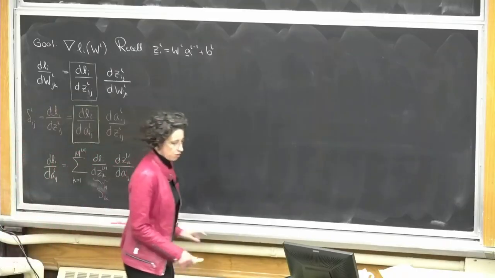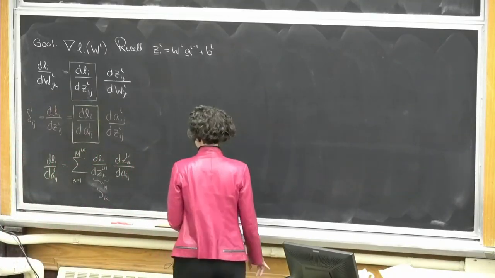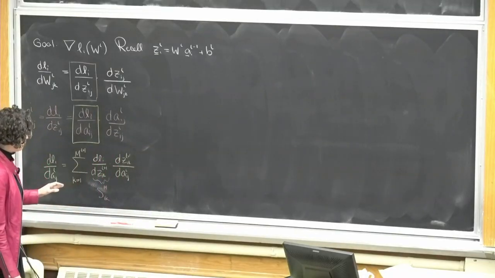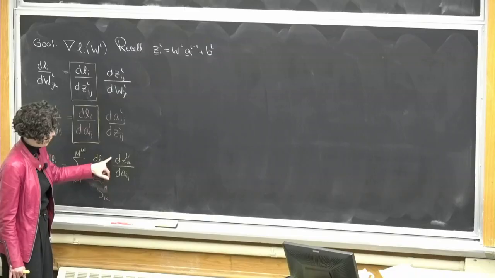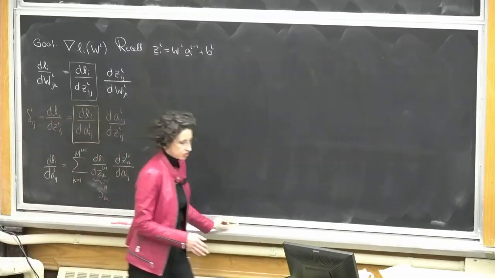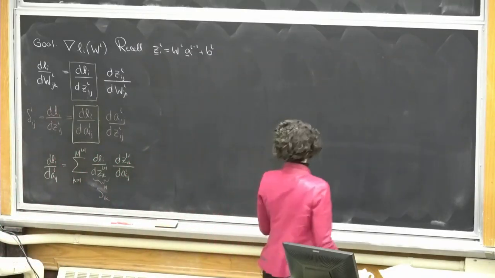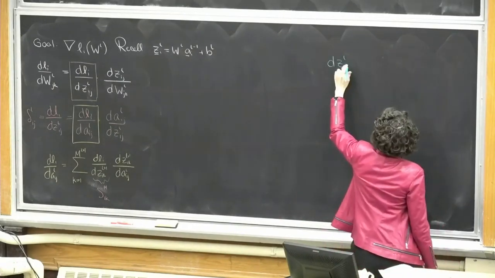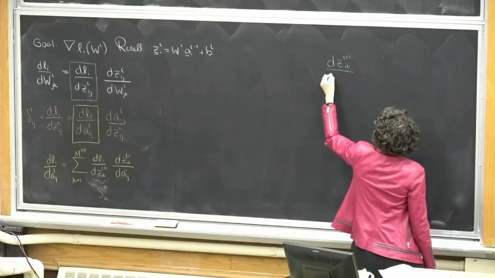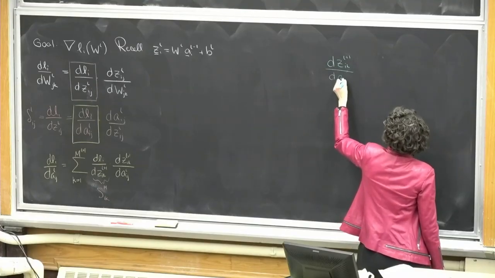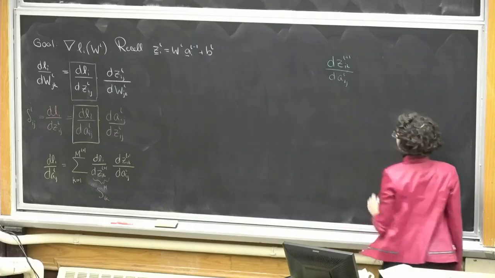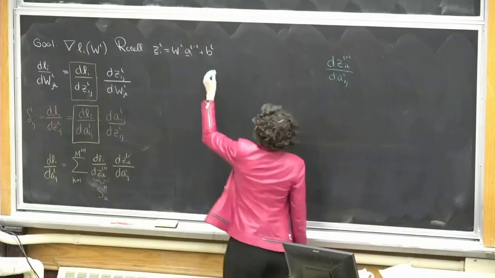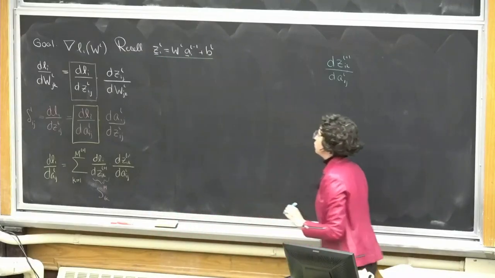So first of all, we are going to simplify this expression. Before we do, let's think about this derivative right here. So let's go off to the side to calculate that. We want to calculate the derivative of z^(L+1)_ik with respect to a_ij from layer L. And we're going to recall, again, this basic equation that we keep using.